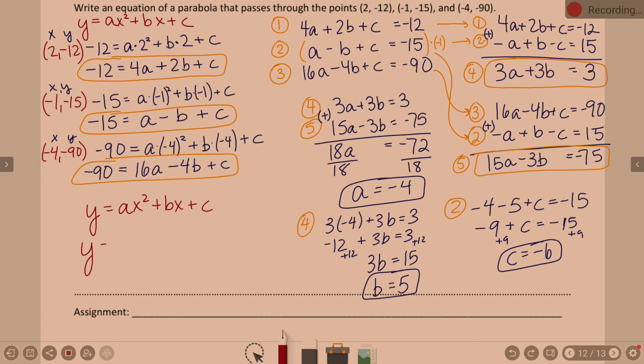So y equals negative 4x squared plus 5x minus 6. Okay. The process is there. It's just helping us to build this process, practice this process. If you struggle with it, hopefully it's getting a little bit better for you.